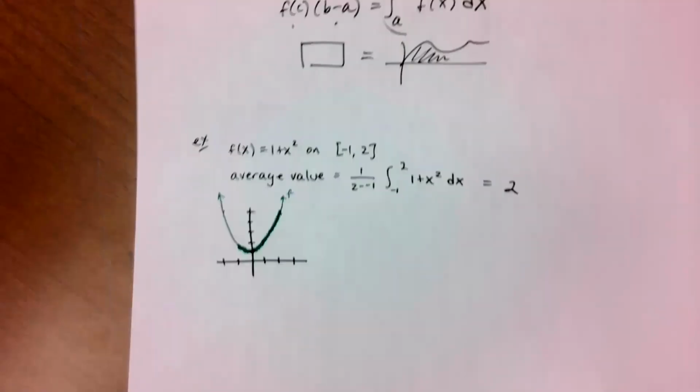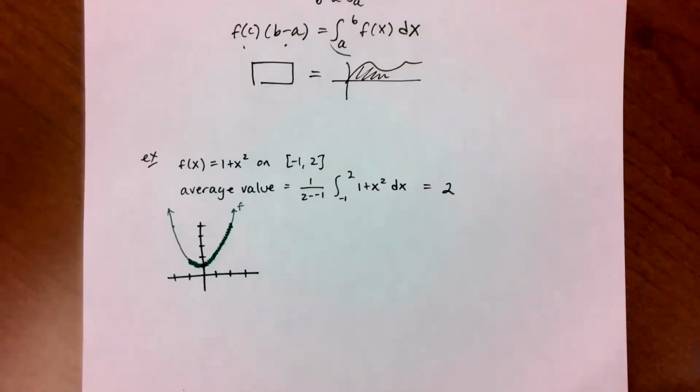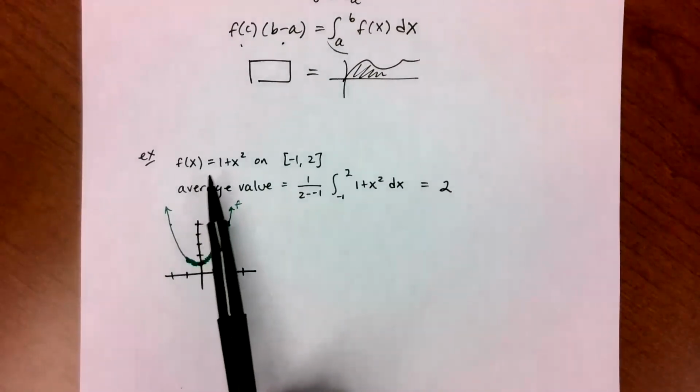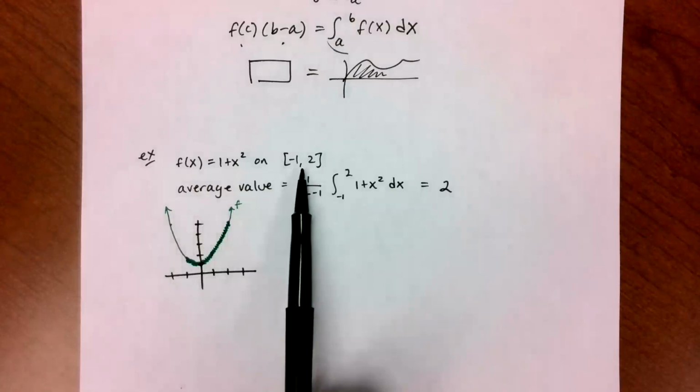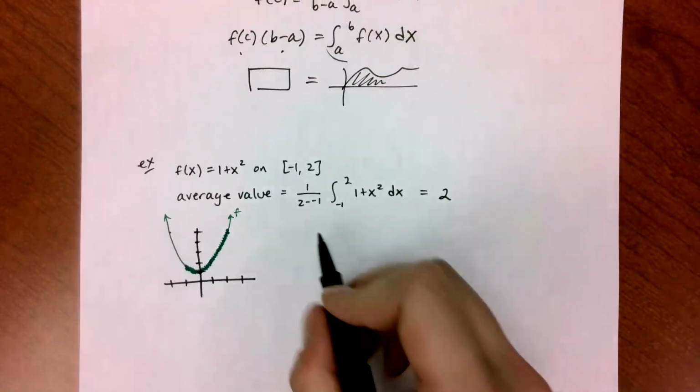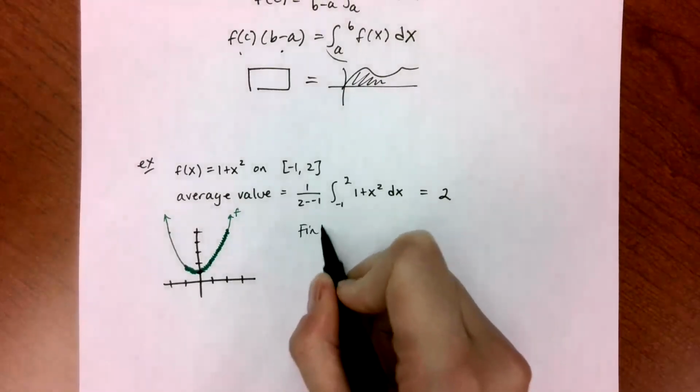So we're actually going to revisit the same example from earlier. Earlier in this video, we calculated the average value of 1 plus x squared on the interval -1 to 2. So we could be asked a question, which I should have written out and I didn't, which is find the value of c.